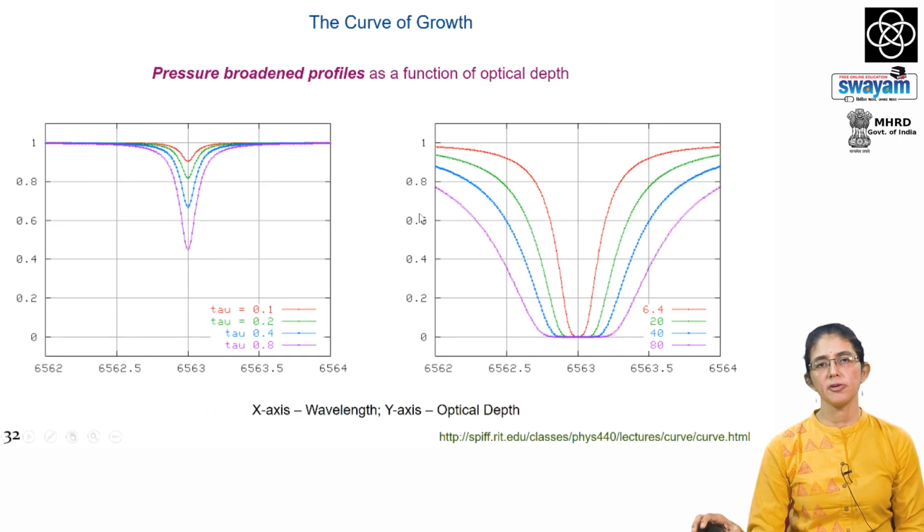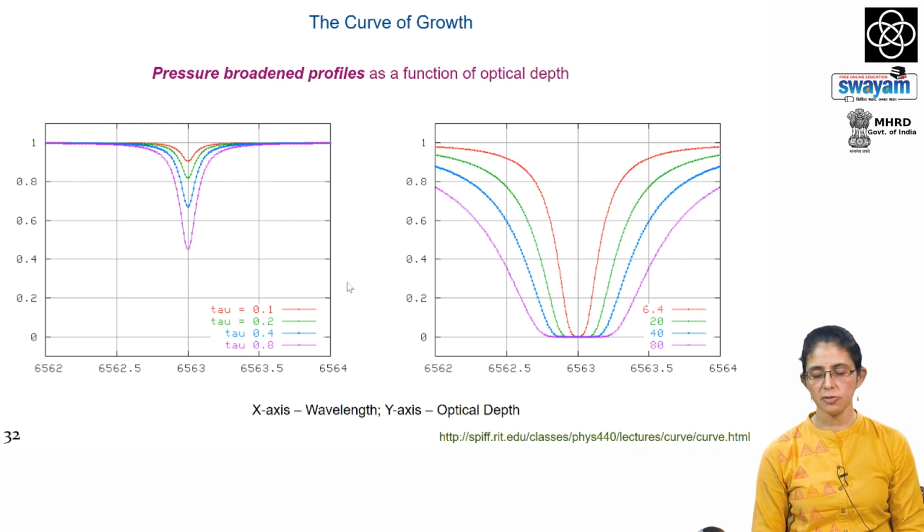The effect of optical depth on pressure broadened profiles is shown here. On the left hand side, again we have the effect of optical depth on the pressure broadened profiles, and one can see on the right hand side how the increase in optical depth not only changes the width of the profile, but the profile also starts becoming more and more saturated.